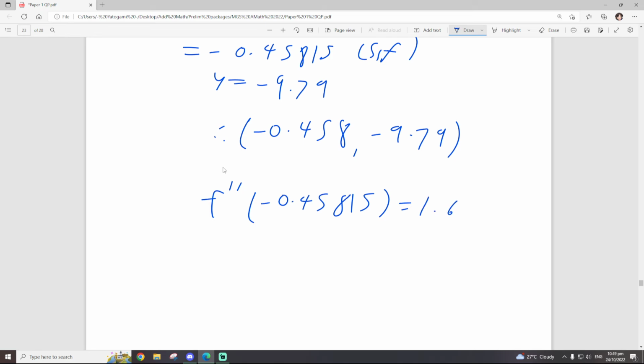Uh, 1.60, greater than 0. So therefore, this will be a minimum point, because the second derivative is greater than 0.